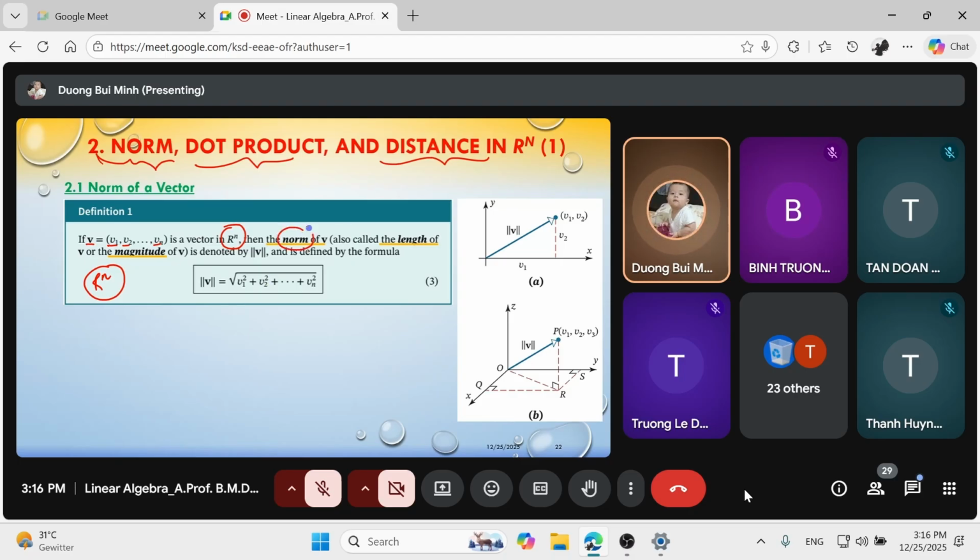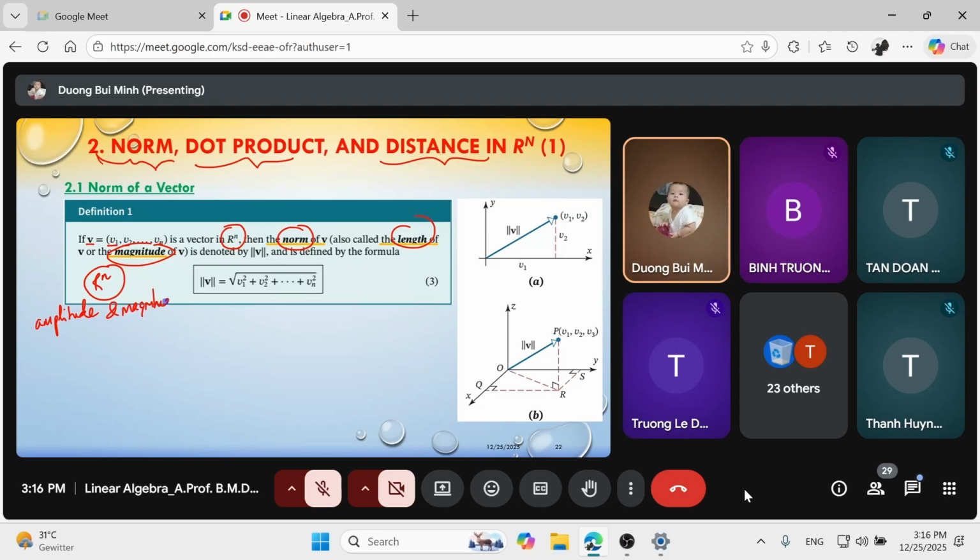We can calculate the norm, or we say the length, or the magnitude. We need to distinguish between amplitude and magnitude.